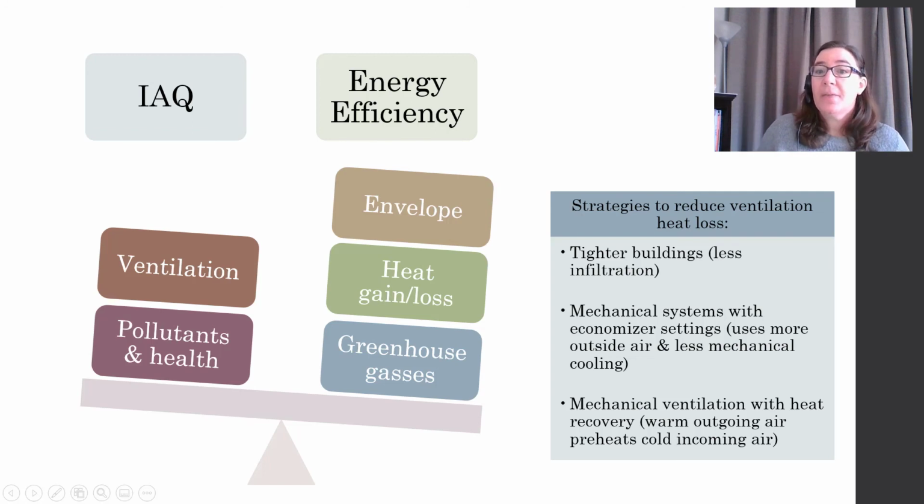Finally, there is another strategy and it's called heat recovery. This is a piece of equipment in the mechanical ventilation system which will pass your warm outgoing air with your cold incoming air and transfer the heat without actually transferring any of the pollutants.